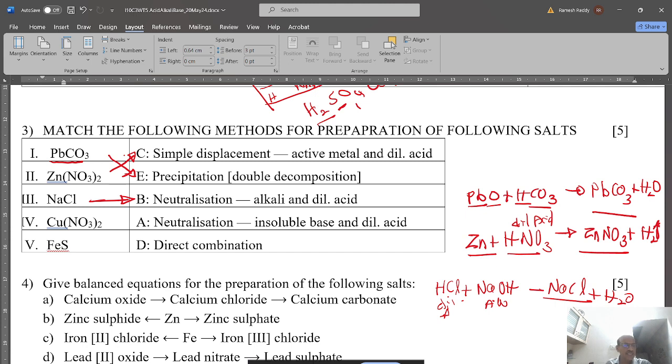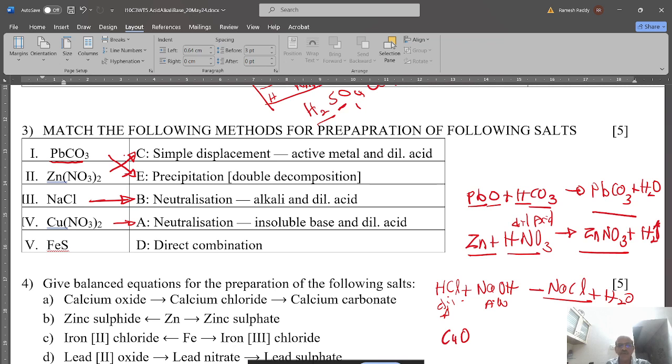Whereas copper nitrate is again the same thing. It is formed by neutralization of an insoluble base and a dilute acid. Which is the insoluble base? Here you are going to take CuO; copper oxide is an insoluble base.